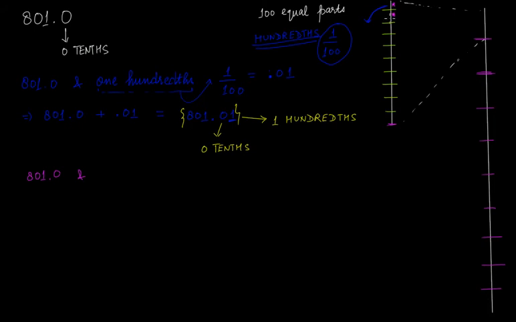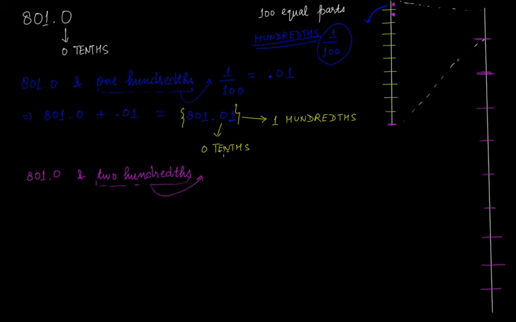You are now given two equal portions, so you have 2/100ths.